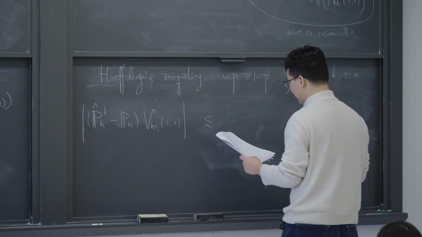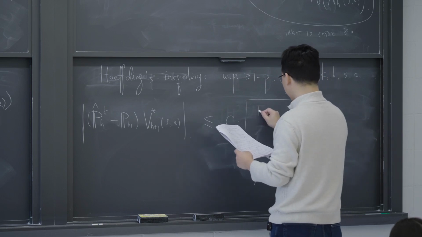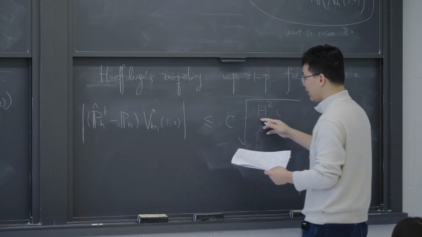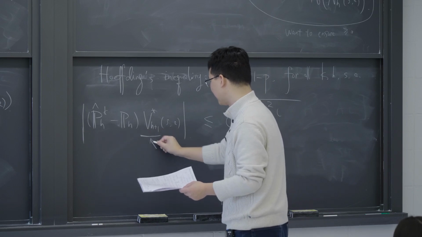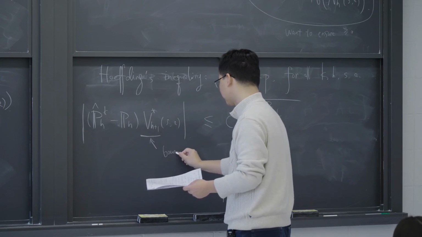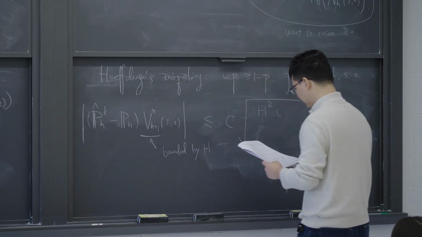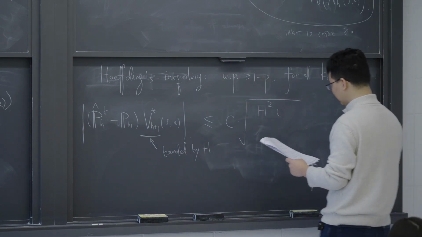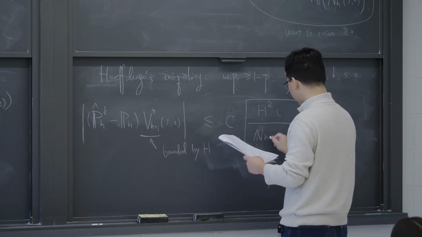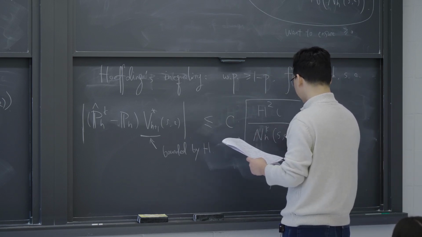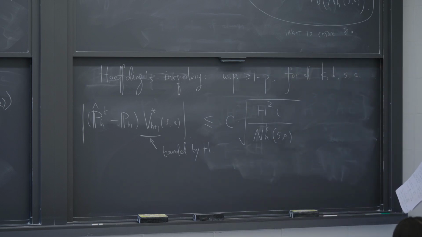So we can say this is less or equal to C times the square root of H squared iota over N_h^k(s,a), where H is essentially the scaling of V. So we know this is bounded by H. Okay, so this is just by Hoeffding inequality.